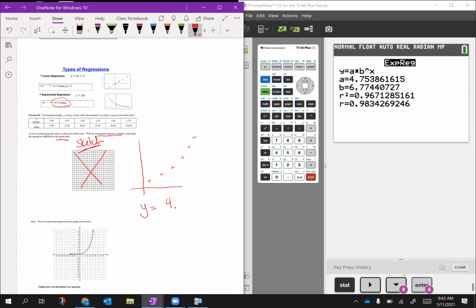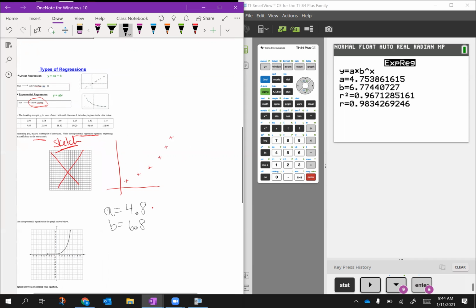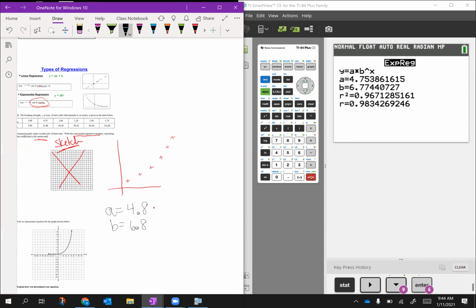So a equals 4.8, b equals 6.8. The general equation for an exponential is y equals a times b to the x. So y equals 4.8 times 6.8 to the x power.